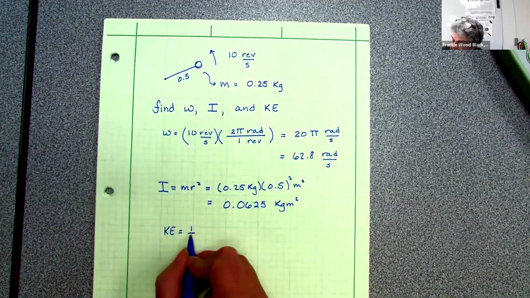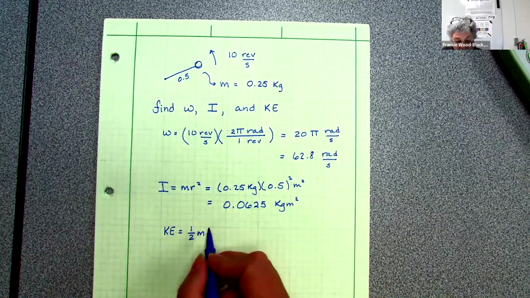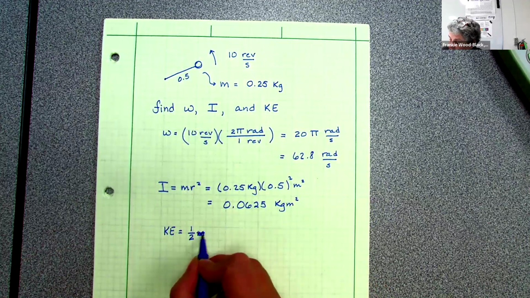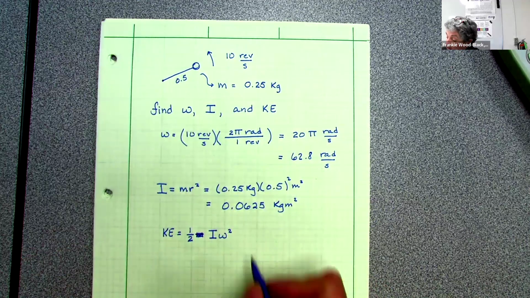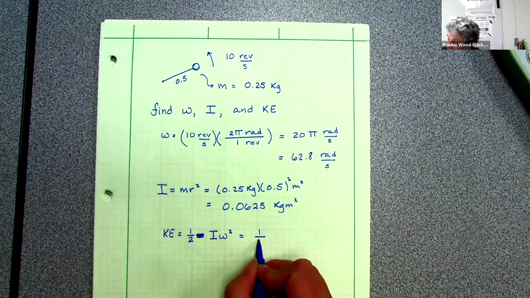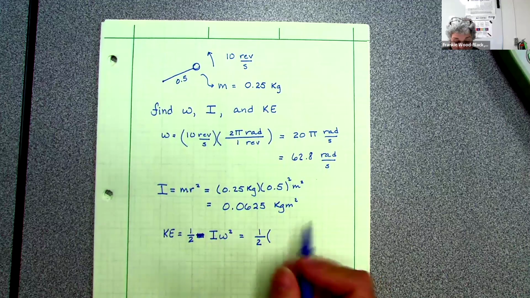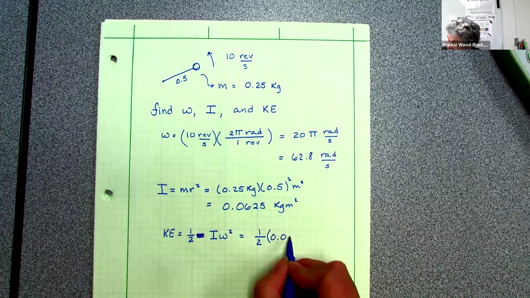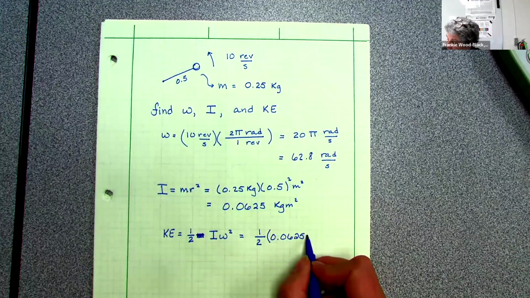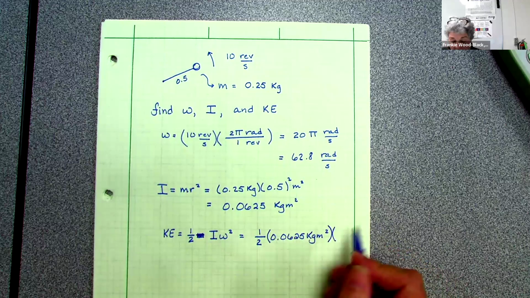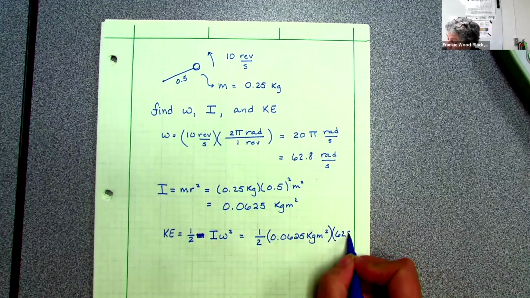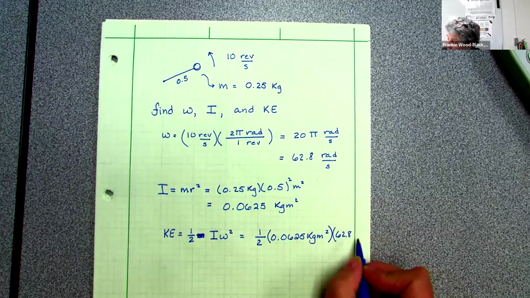The kinetic energy of this is going to be 1/2. I'm so used to writing it the other way, 1/2 I omega squared for something that's in rotation. And this is going to be 1/2 times 0.0625 kilograms meters squared, and my omega is 62.8, that's 1/seconds squared.